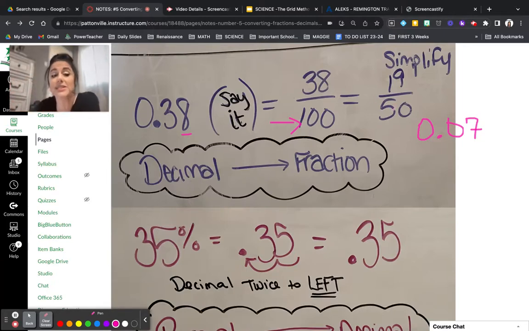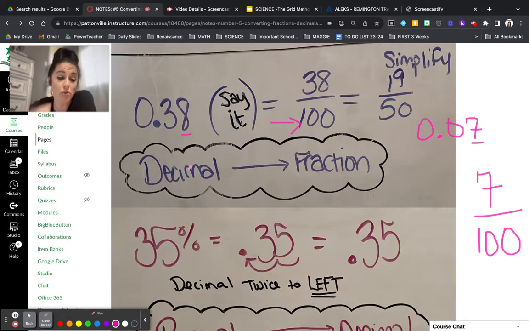You would say the number 7 and then the place value that it ends in. So it ends in the hundredths place value. So I would read it as 7 hundredths, and that is 7 hundredths as a fraction. So if you know your place values, you can read your decimal out loud correctly. It automatically says what it should be as a fraction.